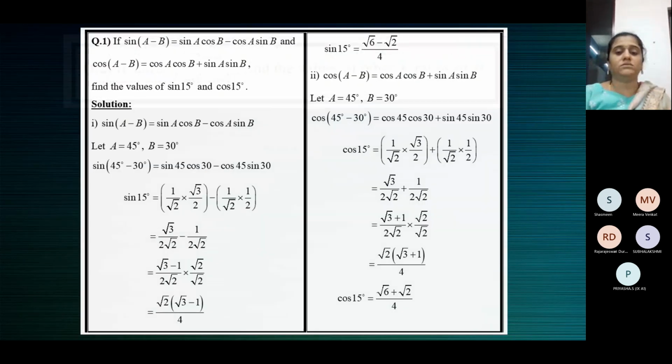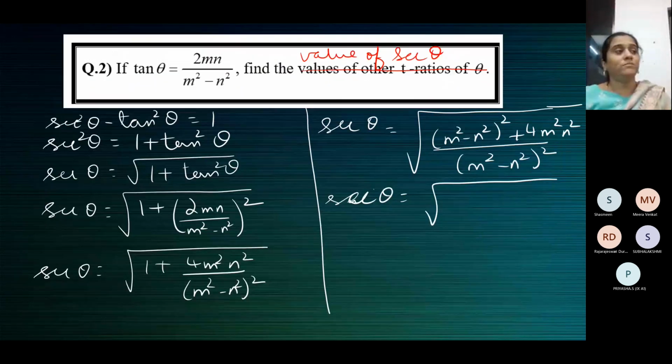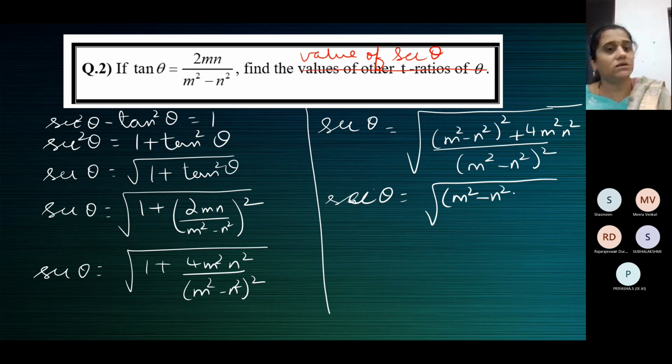Now this is of the form a minus b the whole square plus 4ab. See there, what is a? A is this one, this is b, and this is 4ab. What is a minus b the whole square plus 4ab? A plus b the whole square.